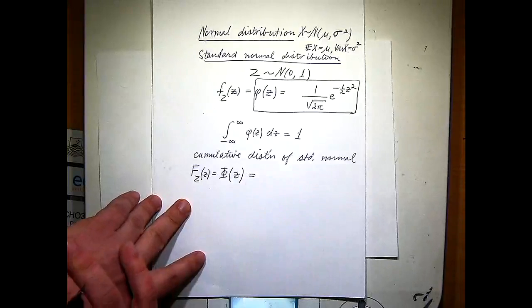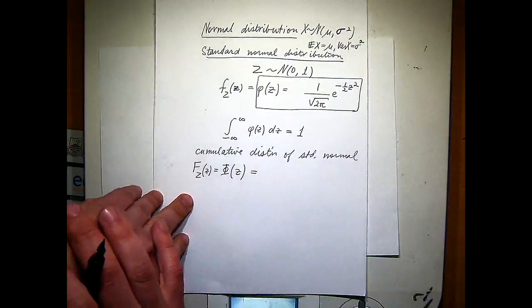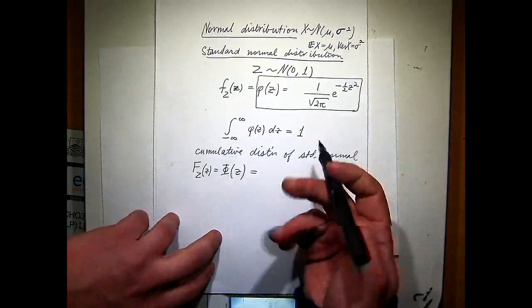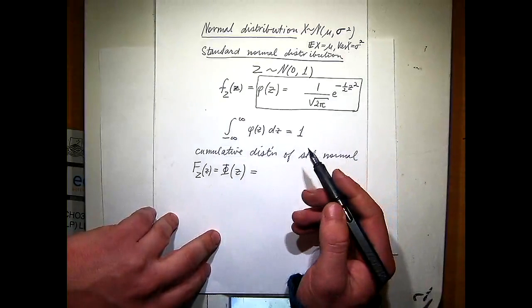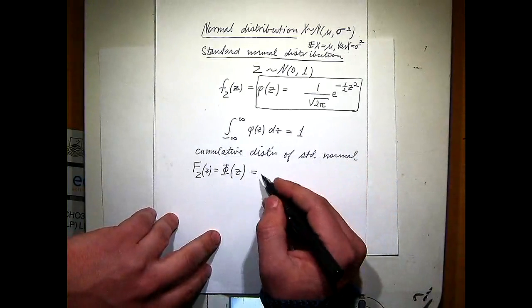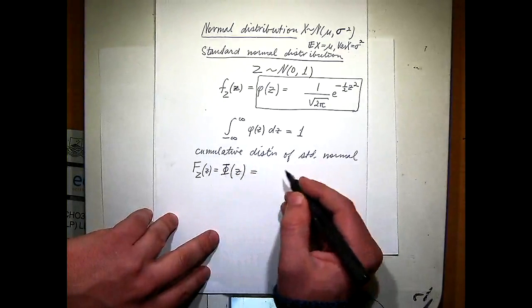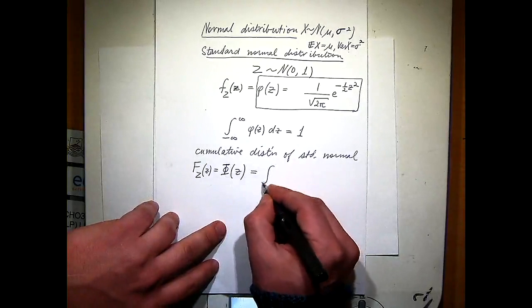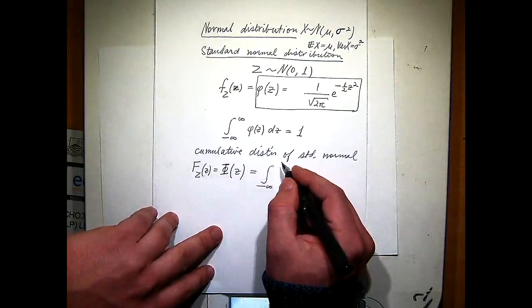It's related to something called the error function in analysis, and it doesn't have a closed form. That's nothing bad. It just means you can't express it in terms of sums, products, divisions, powers, those kinds of basic things. Not even in terms of exponential and trigonometric functions, it's just its own new function. So by definition, this is the probability that a standard normal is less than or equal to z.